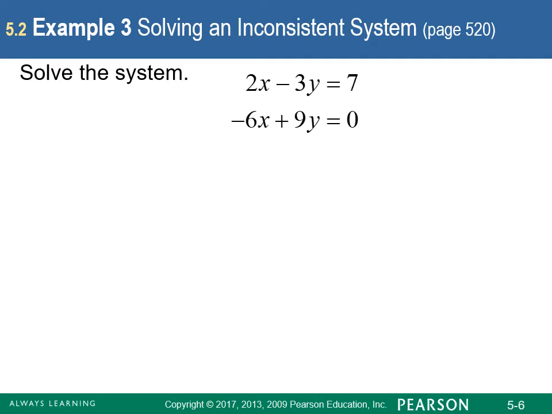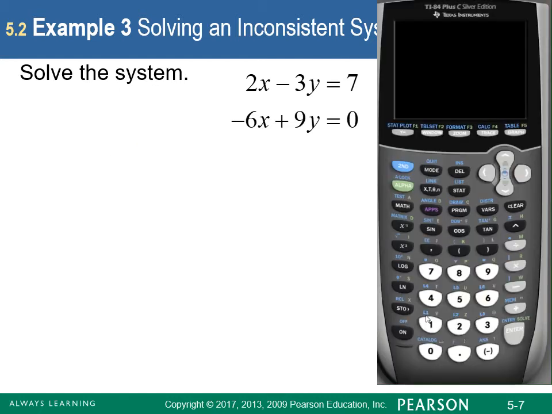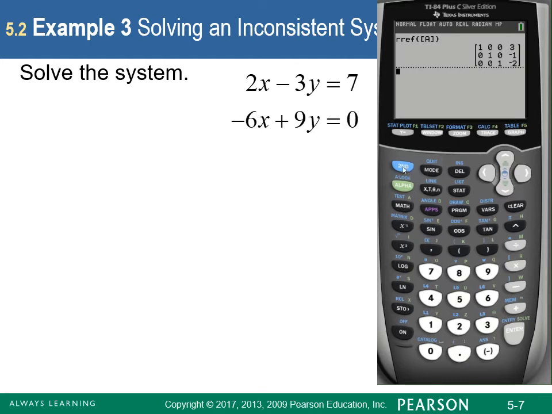The augmented matrix for this one would be 2, negative 3, 7, negative 6, 9, and 0. And now we'll use our calculator. So again, we begin with second matrix, edit. We change this to 2 by 3. We enter our numbers.